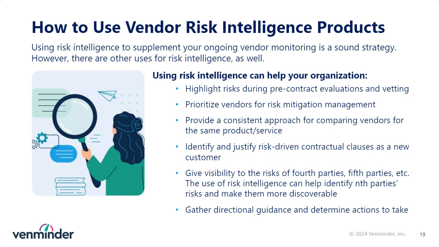But here is a way for you to be aware of the risks that these fourth parties and nth parties are posing. And you can gather directional guidance and determine actions to take with all of your vendors using this risk intelligence product and data.